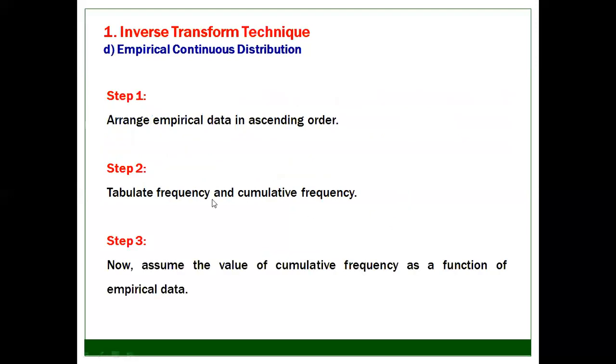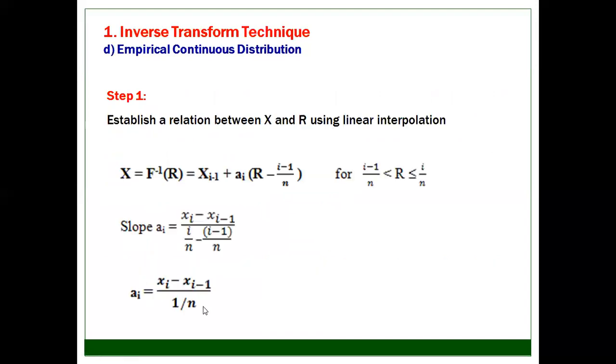The steps in the empirical continuous distribution technique are: Step 1, arrange the empirical data in ascending order. Step 2, tabulate frequency and cumulative frequency. Step 3, assume the value of cumulative frequency as a function of empirical data. Step 4, find x and a_i.